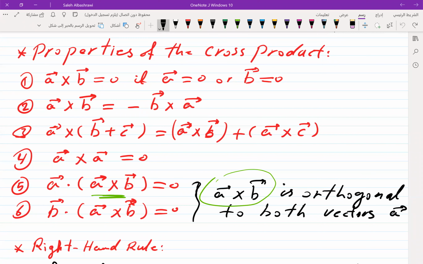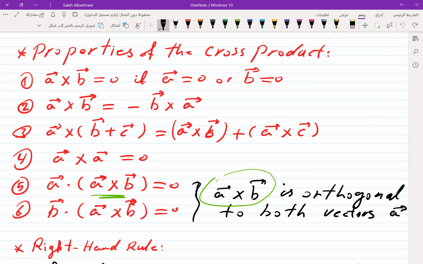This is not an if and only if statement, because we have some cases where A cross B equals 0 for non-zero vectors, which happens when they are parallel. But this is just a one-direction statement. Second one, A cross B equals minus B cross A.